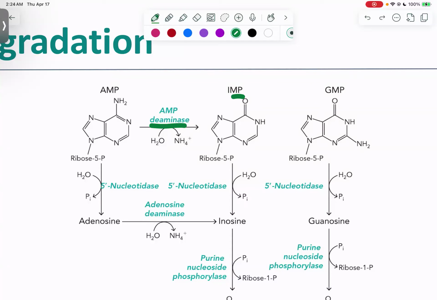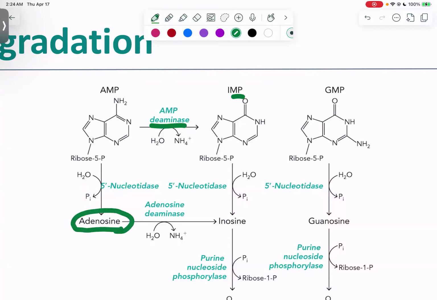So that's one way that you can get rid of just one of those nitrogens. But you can take any of these three nucleotides and you can dephosphorylate them. So when we're starting out, we have the sugar with the phosphate and we have the base. And so if we go through a dephosphorylation where we lose the phosphate group, what we're going to do is basically kick the base off of the sugar.